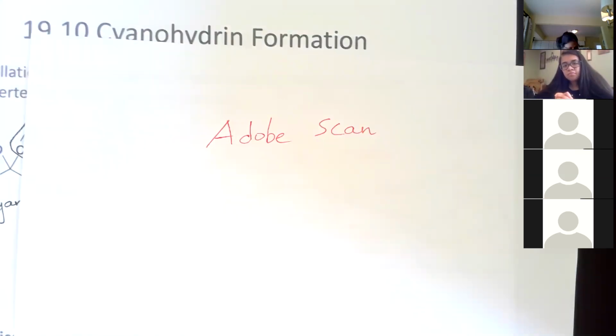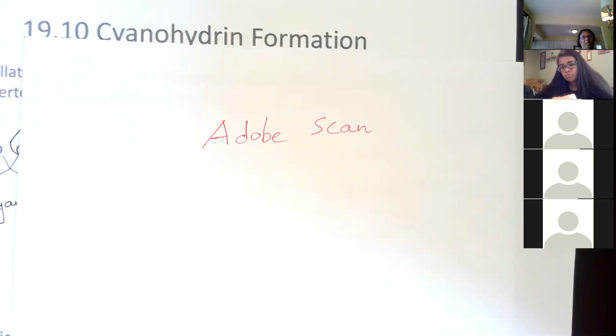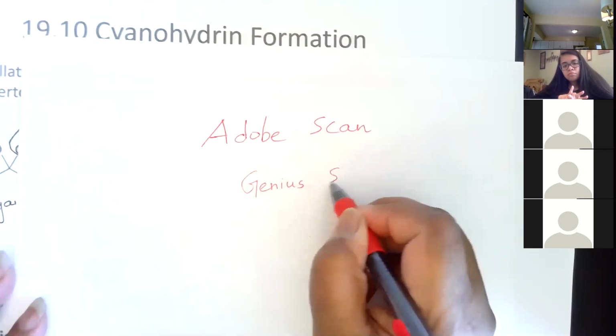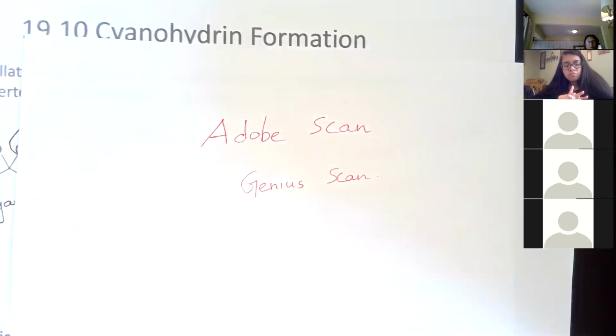So I went to school and made hard copies, and it took a long time, and it was not clear. So use Adobe Scan, and if you have iPhones, I think it's called Genius Scan. If you are not aware of these, I suggest that you do that. And if for some reason you have to take pictures, just take pictures of the pages alone. Sometimes I get the table and everything else, and it's color, and I have to then use Paint or something to crop it. So Adobe Scan has been working well.